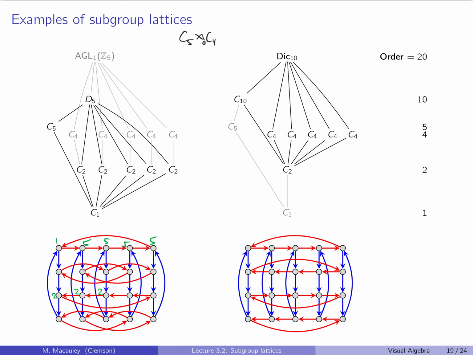And we know the dihedral group has 5 elements of order 2, if it's D5. Whereas over here, same thing in the top row, 1, 5, 5, 5, 5, and then there's a 2 here as before, but all of these elements have order 10. It's the cyclic group C10. So there's no D5 over here.